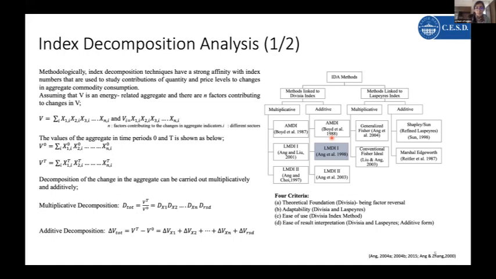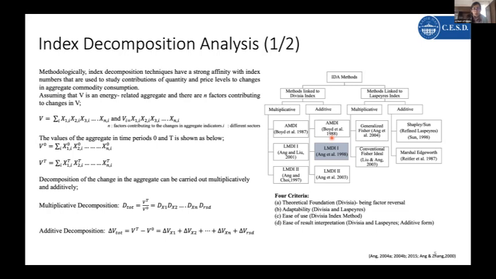It has a strong affinity with index numbers, with which some of you are already familiar. Index numbers analyze the contribution of quantity and price levels to changes in aggregate commodity consumption. Similarly, index decomposition analysis focuses on other driving factors to analyze the changes in energy consumption or in other areas. The decomposition can be carried out in two ways: multiplicative and additive decomposition.